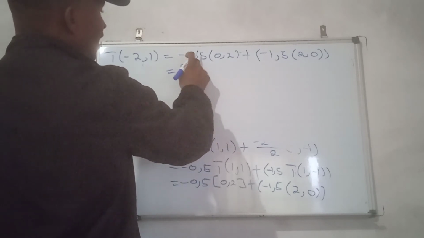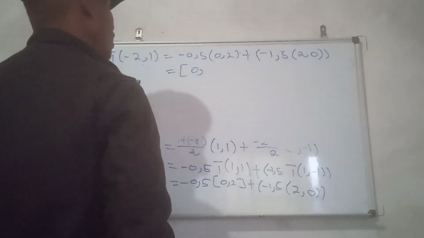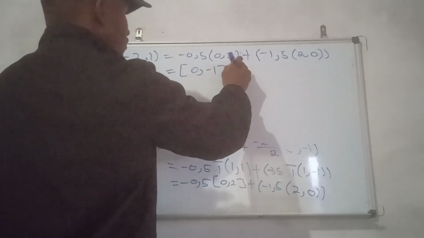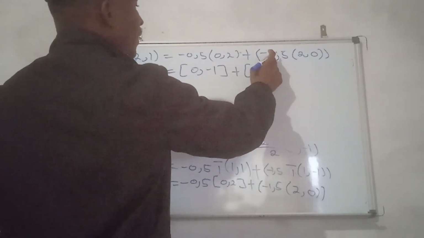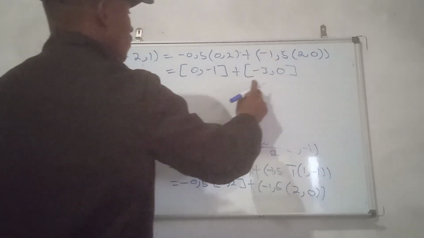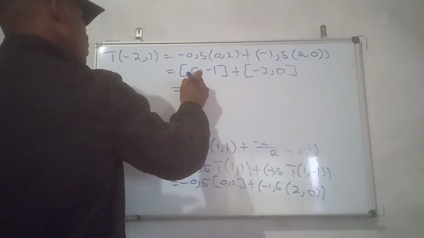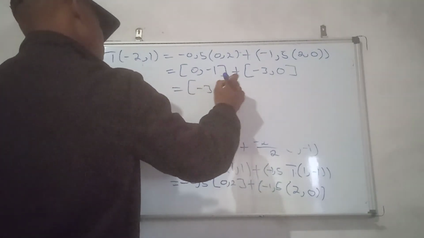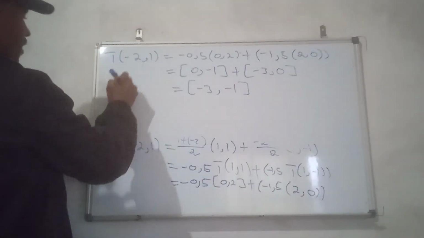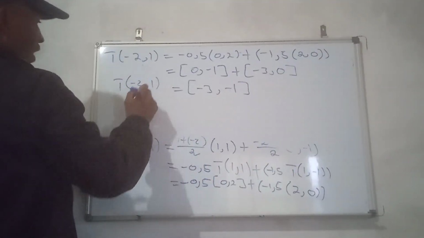And when we multiply this and that one, we just get minus 1. When we multiply this and that one, we get minus 3, and then there we get 0. Minus 3 and 0, minus 3, minus 1 and 0, minus 1. So that is the value of T(-2,1).